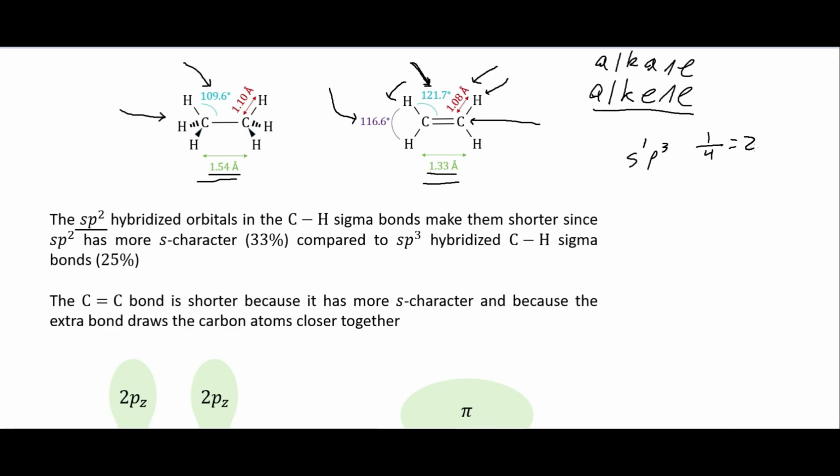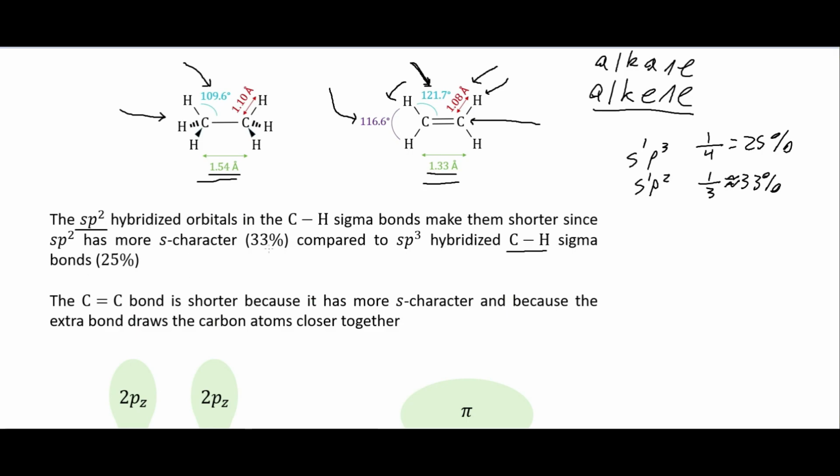So that is 25% on sp3, whereas for sp2, we put a 1 there, so it's 1 over, we add up those two numbers, 3, and so that is approximately 33%, so I should put the approximately there. But anyway, it has more s character compared to the sp3 hybridized carbon to hydrogen sigma bonds.